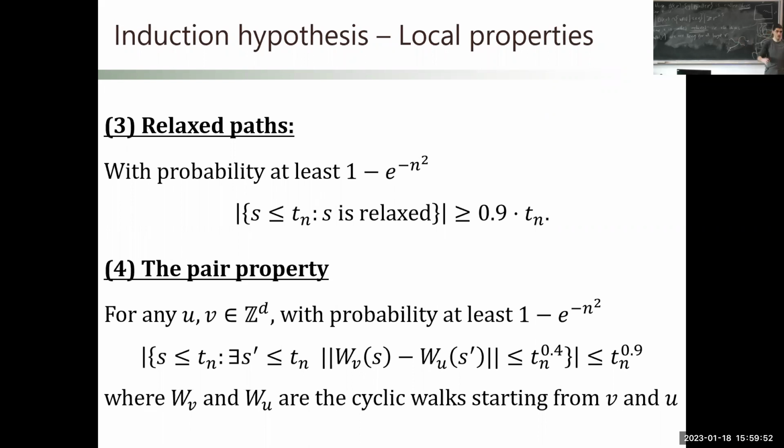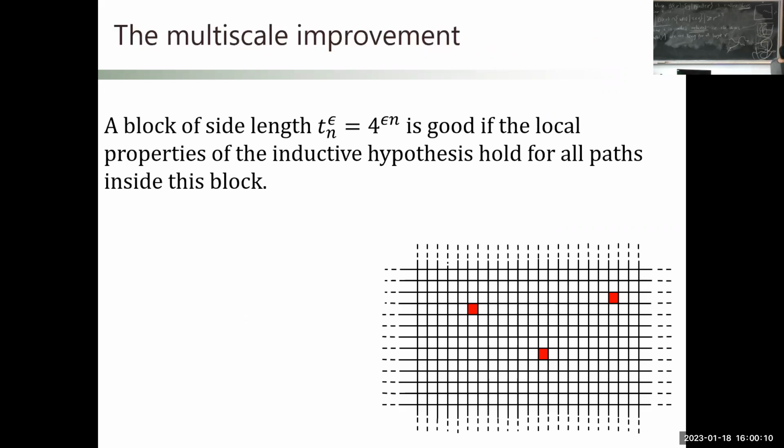You want a bigger scale, you want better probability bounds, but the inductive assumption only works with smaller probability. So how can you use it? The idea is to use the spatial independence, and the idea is pretty simple. You split the grid into a lot of small blocks, like that.